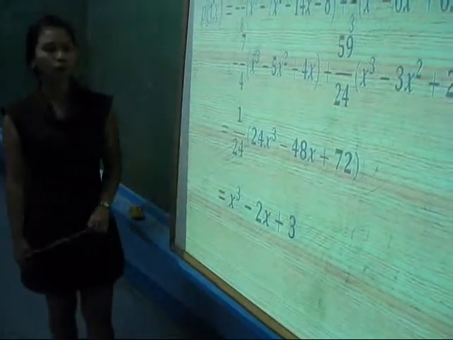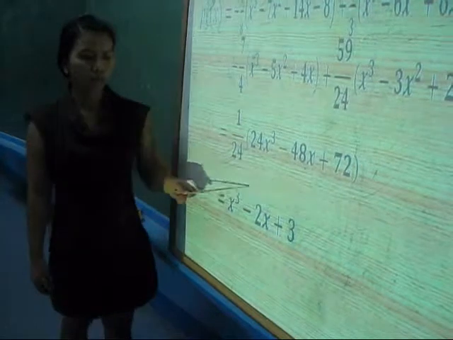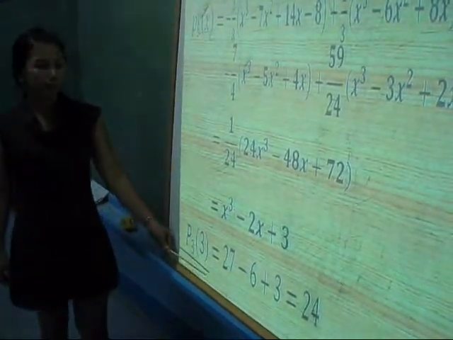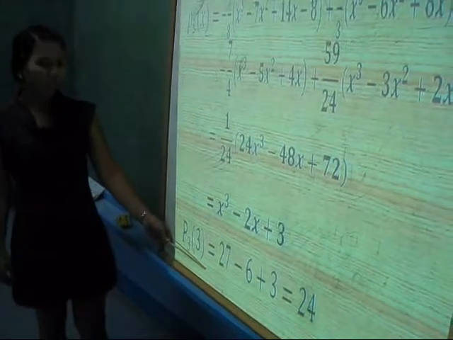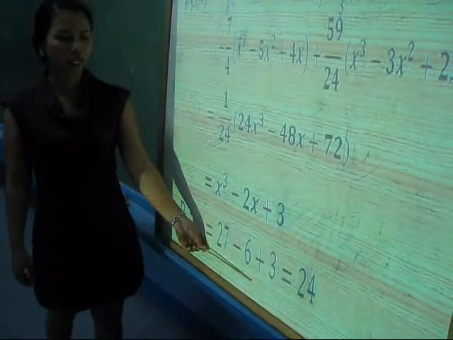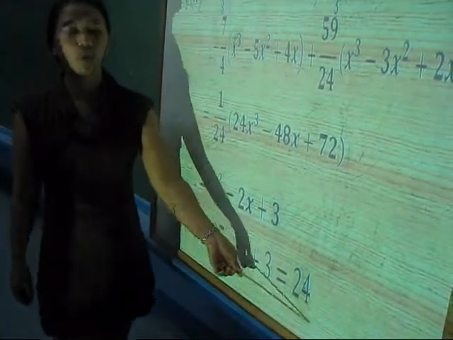And it would result to x cubed minus 2x plus 3. And therefore, p sub 3 of 3 will be equal to 27 minus 6 plus 3, which is equal to 24.